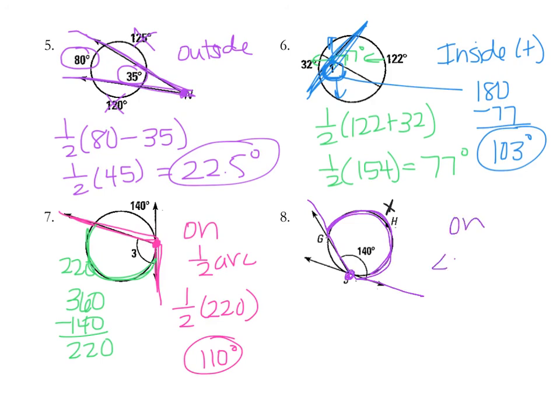So when it's on, we know the angle is equal to half the arc, but we're trying to go the other way, which means to find the arc, we actually have to double it. So it's going to be 140 times 2 to find the arc, which is the bigger part, and the arc's going to be 280 degrees. So that's just like we were doing last week in section 12.3.